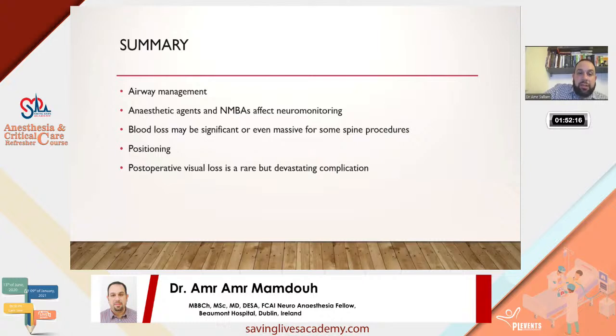Blood loss may be significant or even massive for some spine procedures, and you have to plan for blood conservation and blood transfusion as well. Positioning: care about every single step in positioning your patient from head to toe, from abdomen to chest. Post-operative visual loss is a rare, devastating complication. It might happen to any of us, so we have to take good care about that.